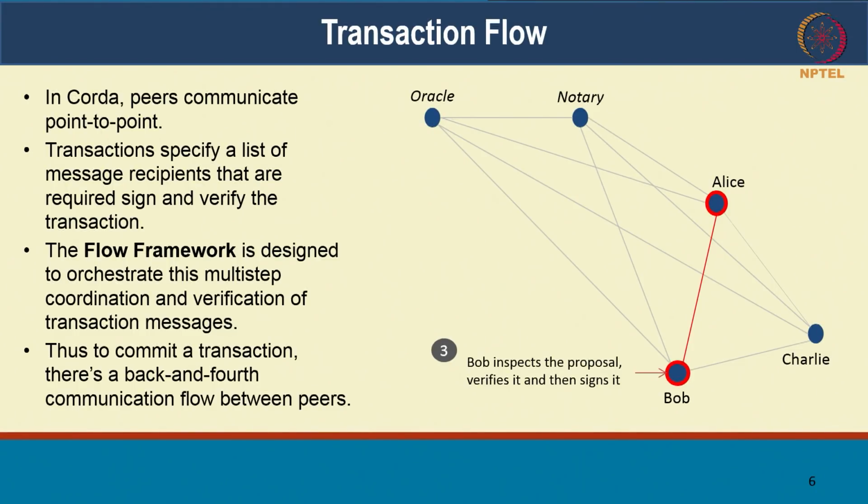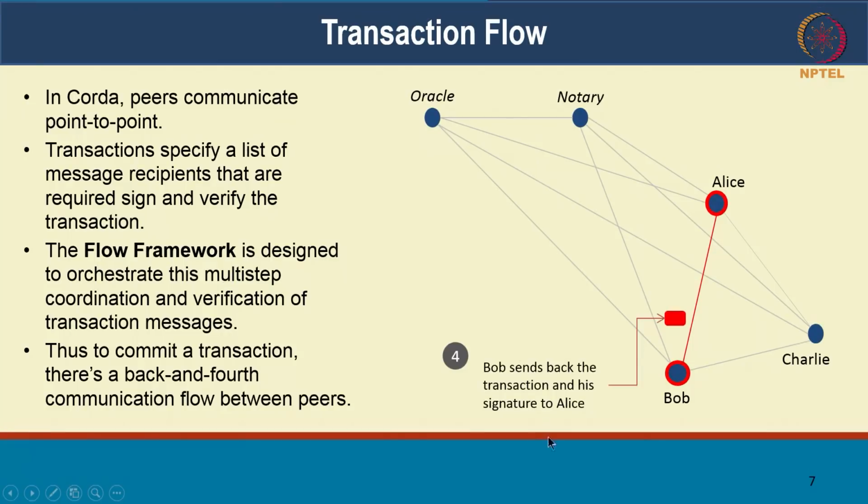You can use all sorts of logic that is private to just Bob to determine whether he wants to sign it or not. Once he agrees with the proposal from Alice, Bob attaches his signature and sends it back to Alice. So now both have this transaction signed by both parties.